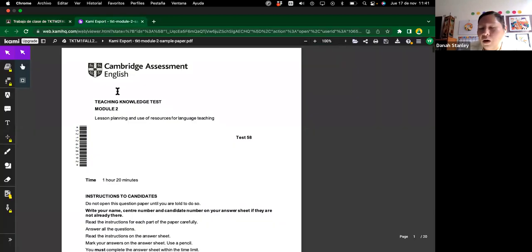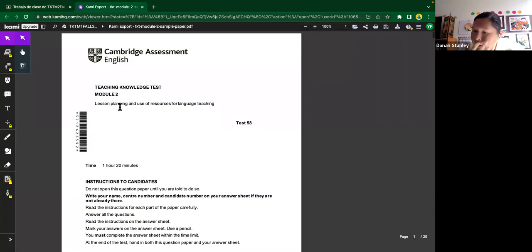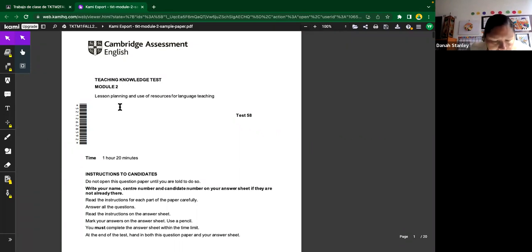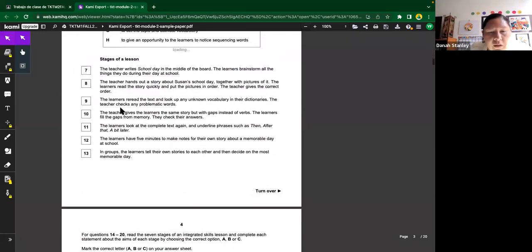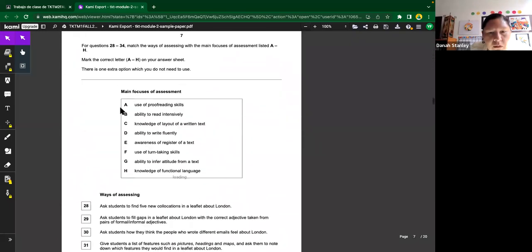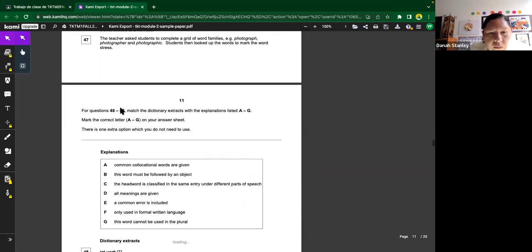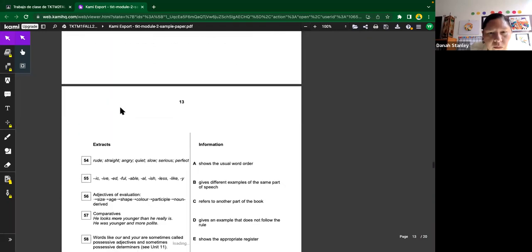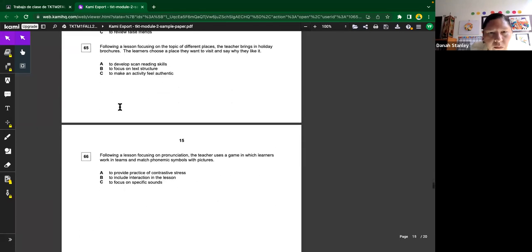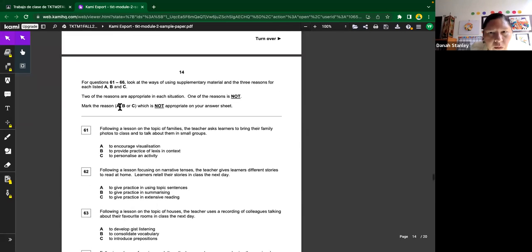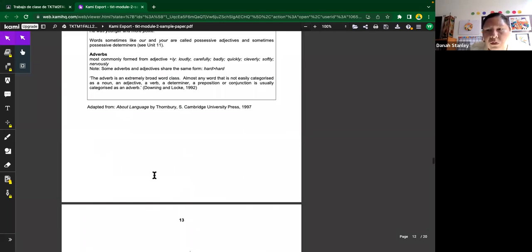Okay? All right. A ver, let's practice. You have to do for homework page 16. ¿Qué tenemos en page 16? Or what was the one that you needed to do for homework?